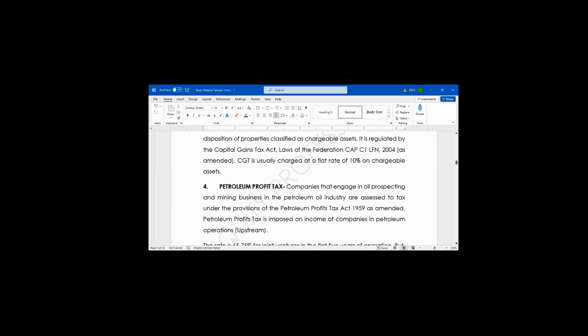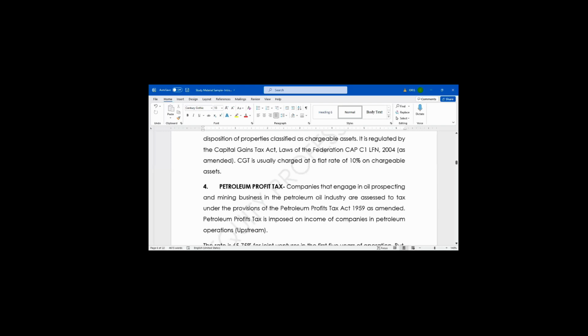Upstream has to deal with extraction, drilling, and refinery of crude oil. Examples of such companies engaged in upstream are Shell Petroleum Company, Chevron, Mobil.